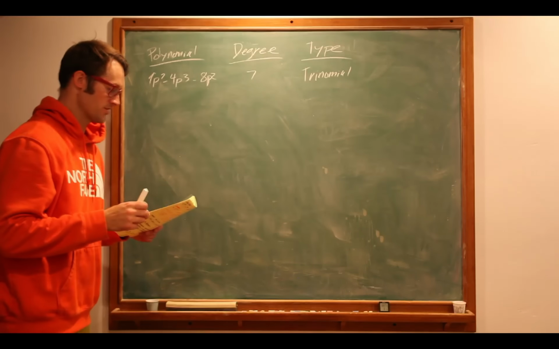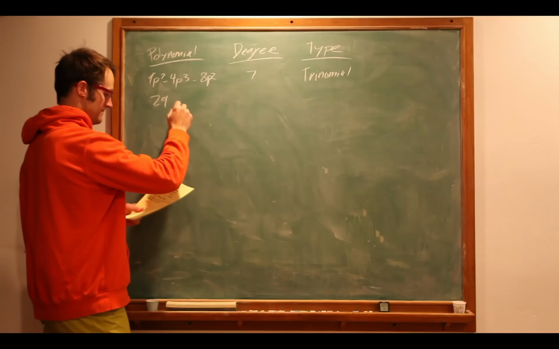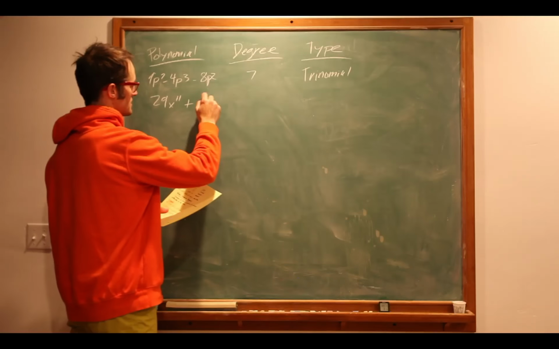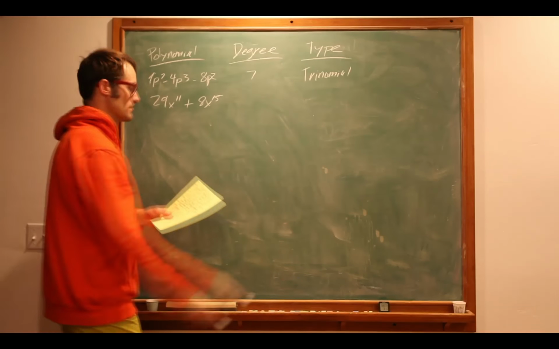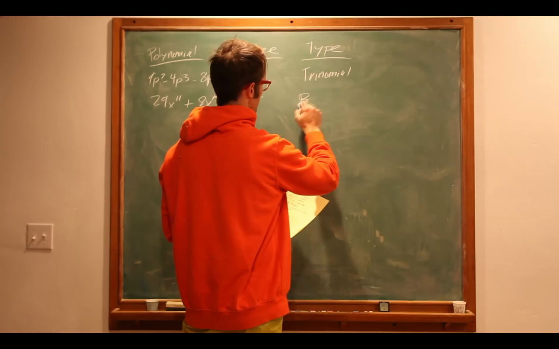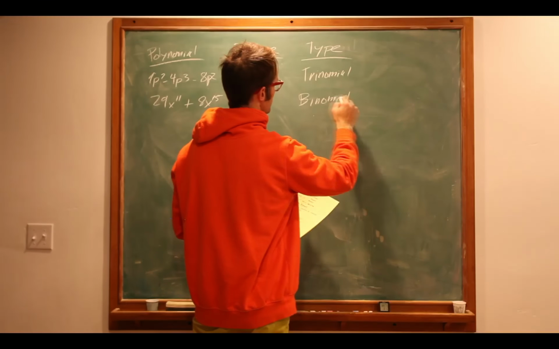So tri for 3, genius. Okay, next one, 29x to the 11th plus 8x to the 15th. So 15 is the degree, and the type of polynomial is a binomial. Binomial for 2.